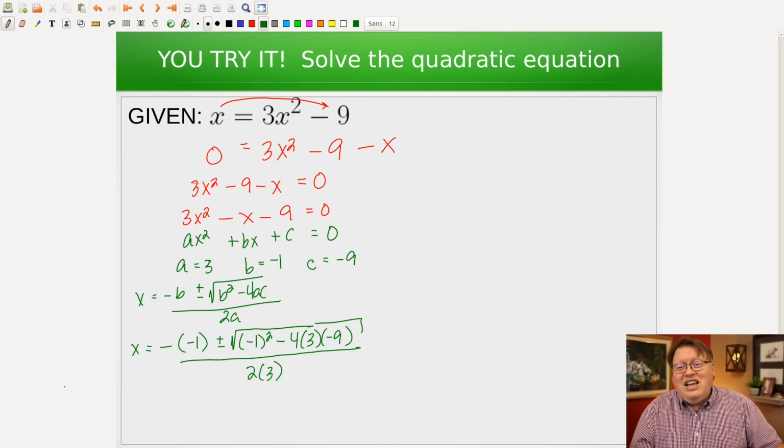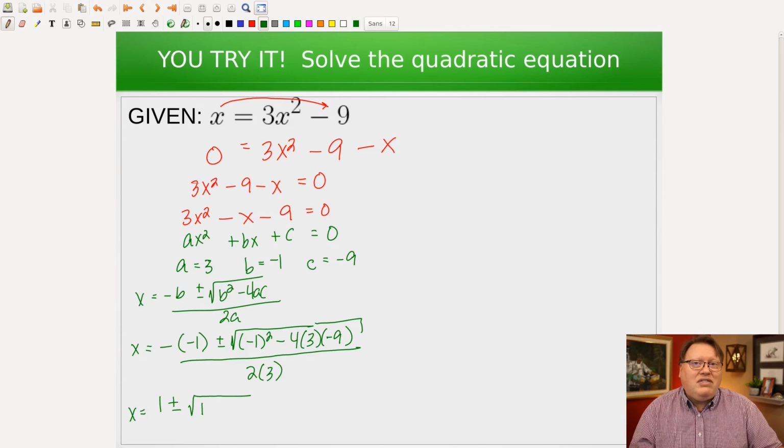Now we want to simplify this. The opposite of negative 1 is a positive 1, plus or minus the square root of 1. Negative 1 squared is a positive 1. We have a negative 4 times 3 times a negative 9.